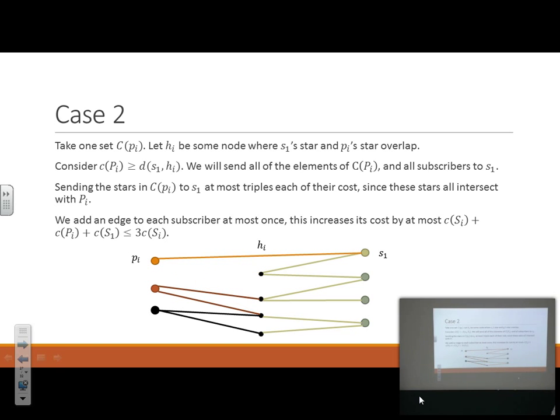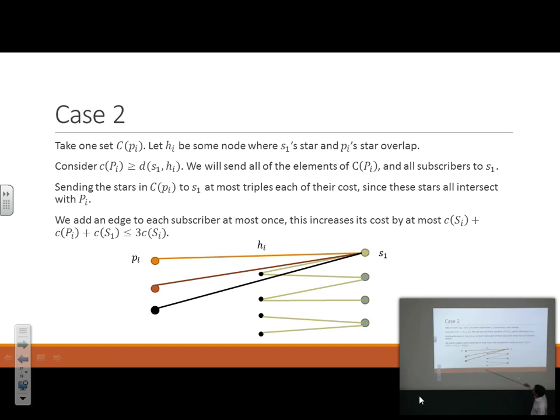So in that case, let's see. Sending the stars from here through PI to S1 costs me, well, this guy goes through PI, and then from PI it goes to S1. That last edge that PI took to go to S1 is actually cheaper than the cost of PI.